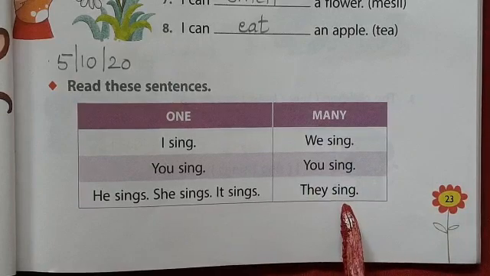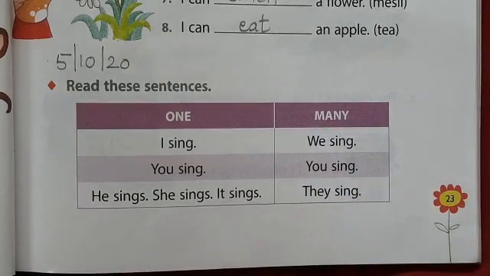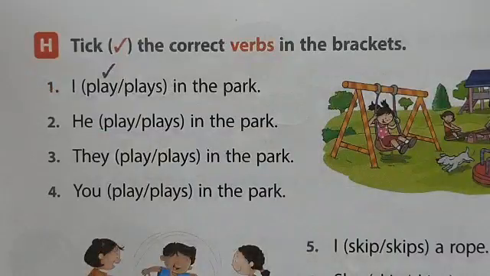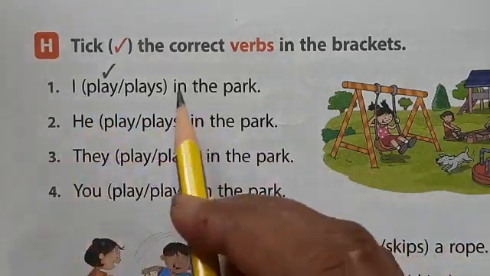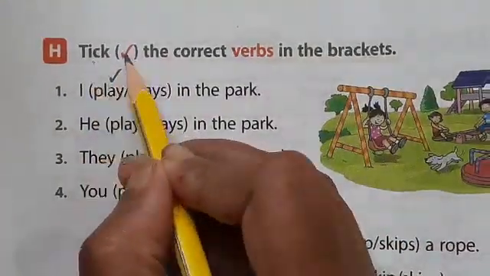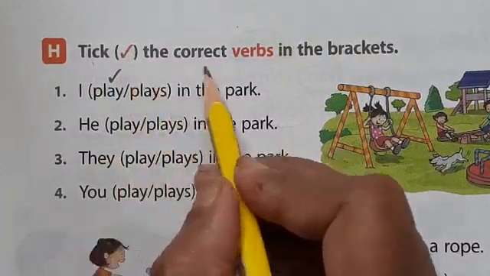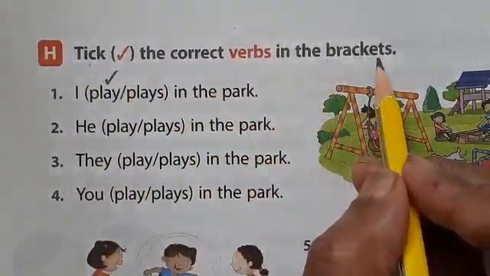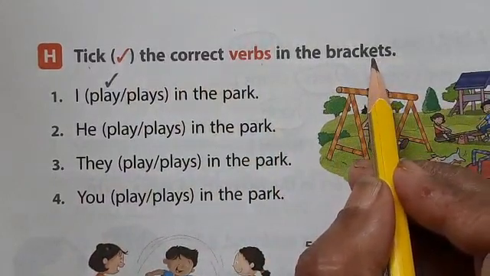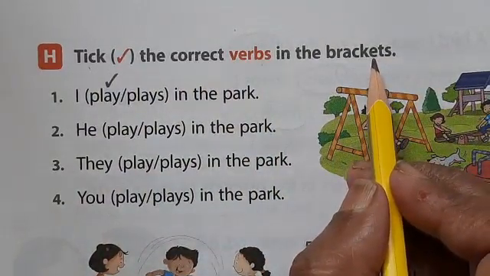Okay, now let's go to page number 24. Okay, children, so to understand better, let us solve a few examples given in exercise H. Let's read out. Tick, that is put a tick mark, the correct verbs in the brackets. Two types of verbs are given.